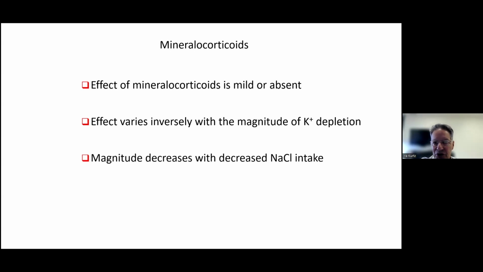The mineralocorticoid effect varies with how much you're potassium depleted. So patients who have an adrenal adenoma or Cushing syndrome, even with Cushing syndrome, you have metabolic alkalosis because at high enough cortisol levels, it acts on the mineralocorticoid receptor in the kidney, as we talked about months ago.